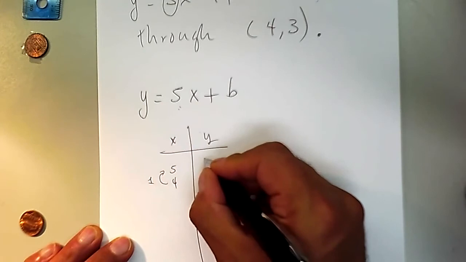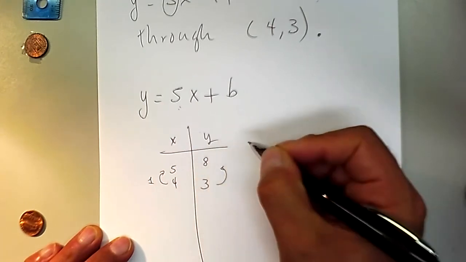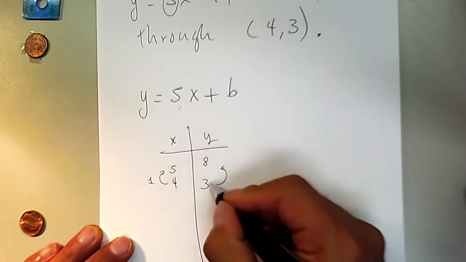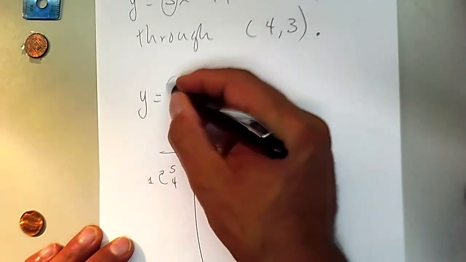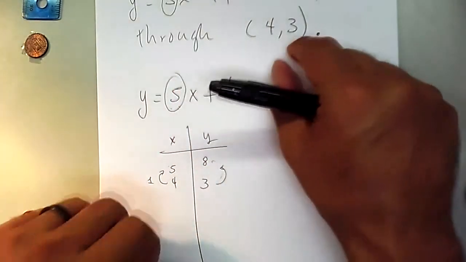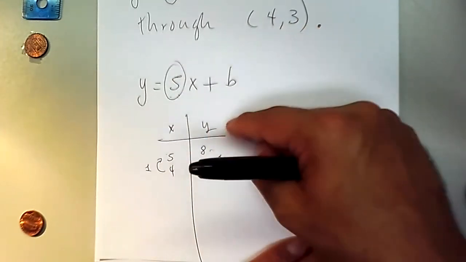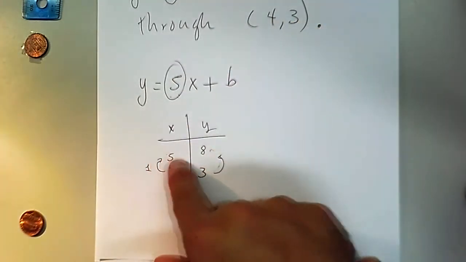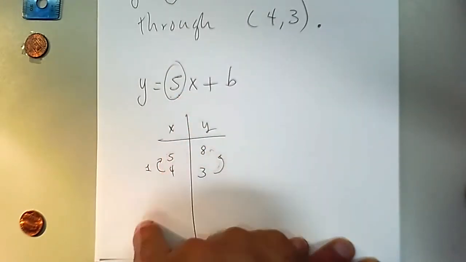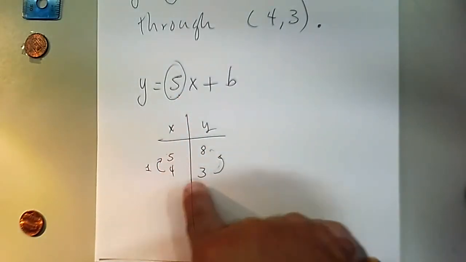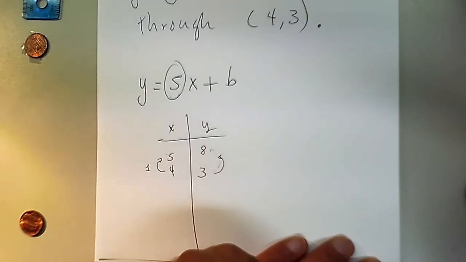So the output should be 8. When this goes up by 1, this goes up by 5. Remember the $3 or the 25 cents? That's the slope, how much we go up per year. So this is telling us how much we go up per unit. Every increment in unit goes up by 5.